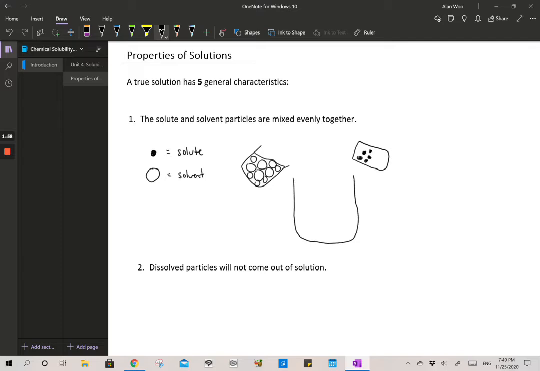Now the solute molecules don't have to be solid, but in our scenario here we can definitely make them solid. Okay, so let's say these are solid solutes, and this one here is a liquid solvent.